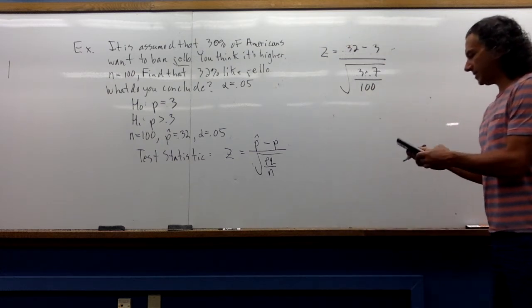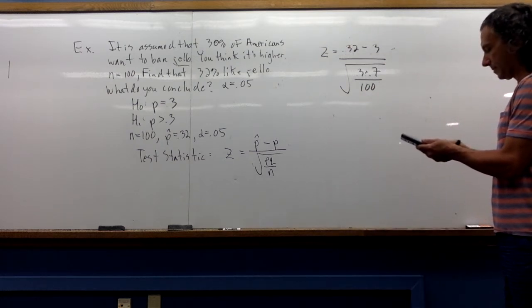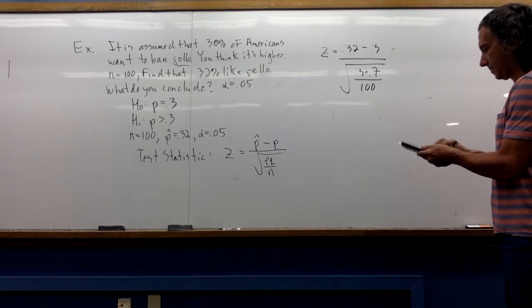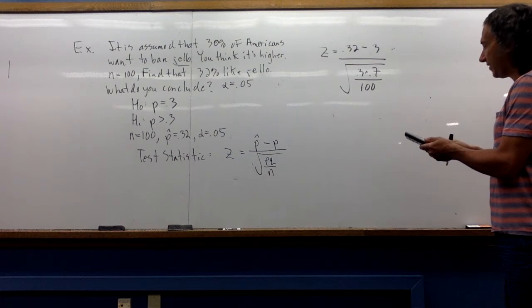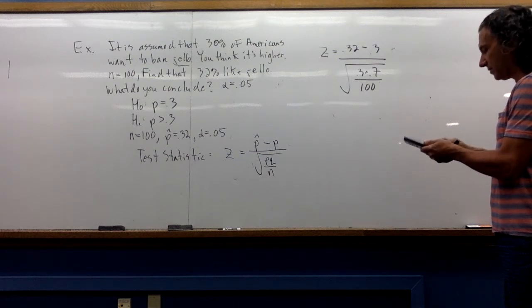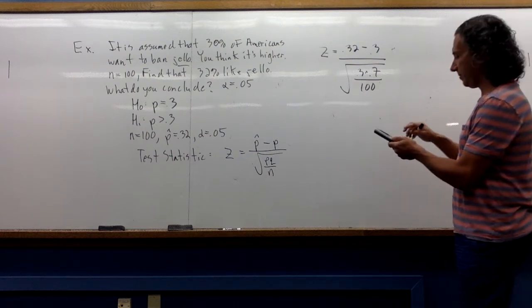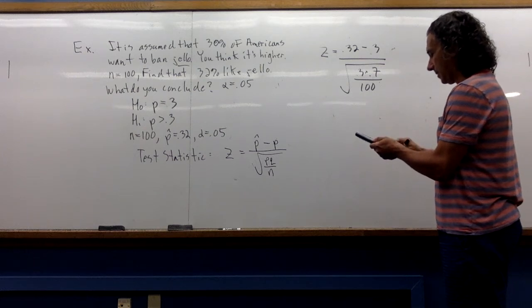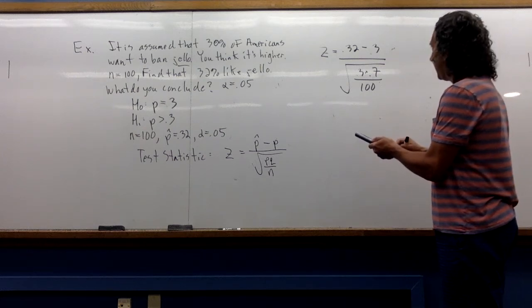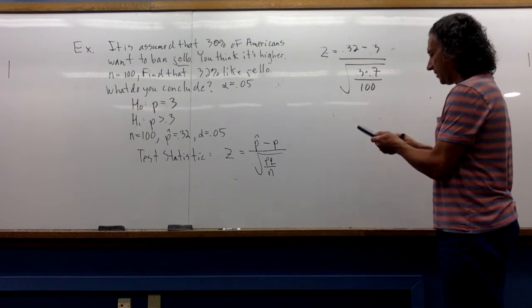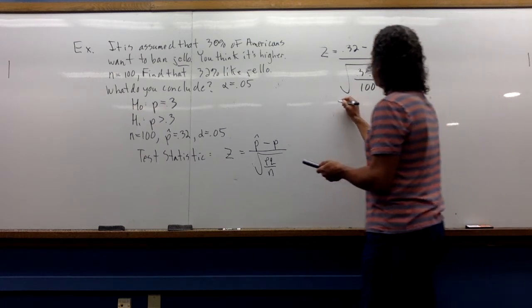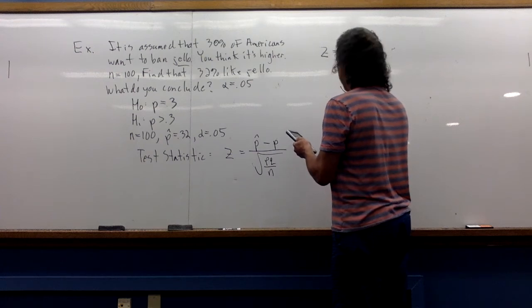Okay, so let me do this computation. 0.3 times 0.7 divided by 100 in square root. Then one over that, multiplied by 0.32 minus 0.3, and we get 0.4364.